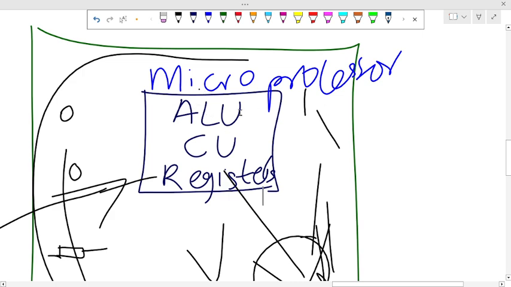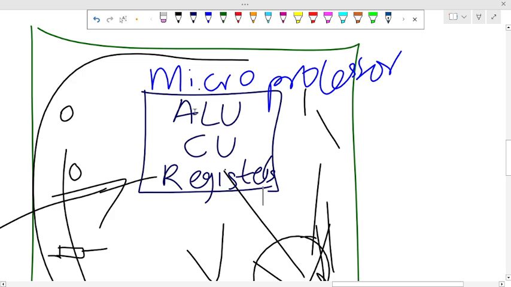So for this one, ALU means arithmetic and logic unit. Okay, this component inside the microprocessor is where all the arithmetic, mathematical computation is carried out. Originally, in the early days of the microprocessor, these were produced for mathematical computation. So arithmetic, mathematics: addition, subtraction, multiplication, division, all those operations.